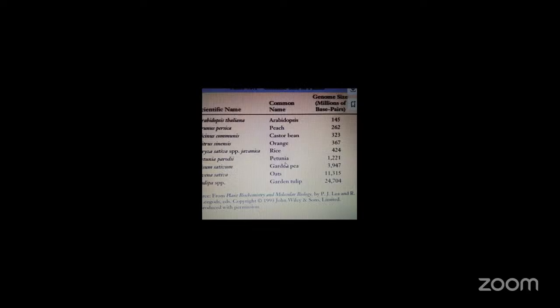They can exit from one site at unpredictable times and reinsert in another site. This is the reason we call transposable elements jumping genes also. Transposable elements are jumping genes.